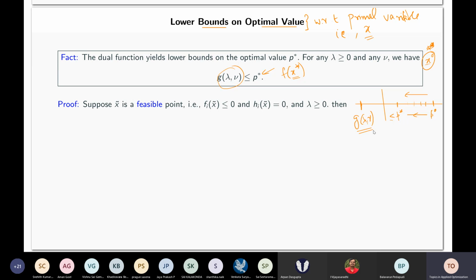If you are using an iterative method and getting very close to this guy, then it is also telling you that you are actually very close to p star. In an iterative method, if you are getting closer and closer to a lower bound of p star, it's an indirect way of knowing you are getting close. Having an idea of this helps you, because in general you don't know this.